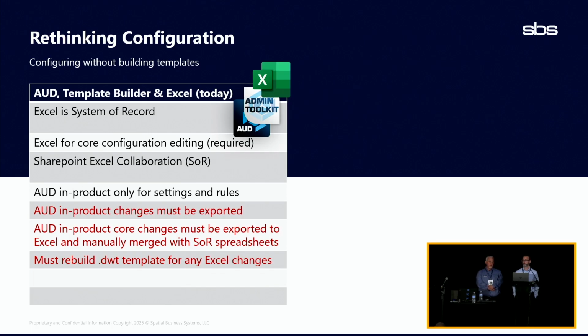There are other changes that may need to get made while the configuration is being set up that are done in product, and those need to be manually merged back into the spreadsheets that represent the system of record. Finally, the biggest complexity with the template builder workflow is needing to rebuild the template to incorporate those changes in order to get that system of record template. The end result is a system of record template that you are going to push out to production for all your users.